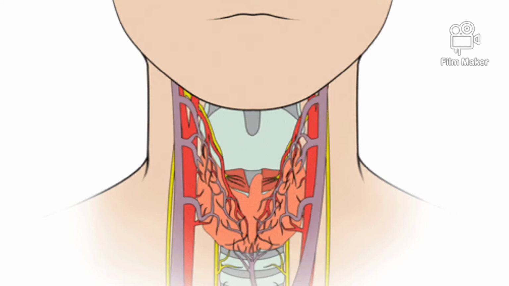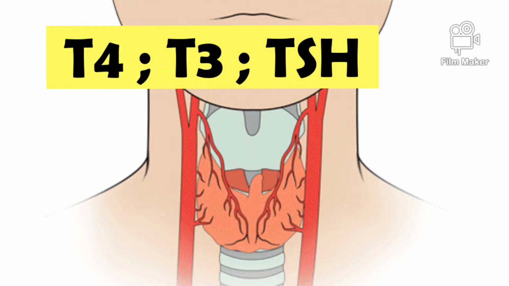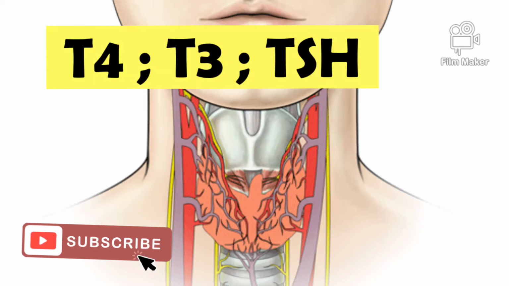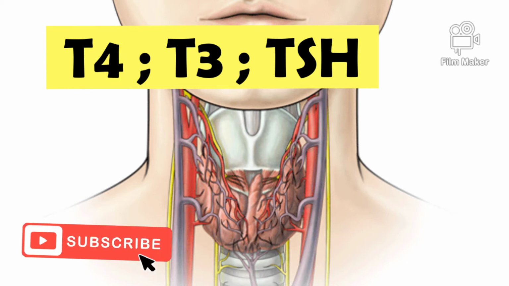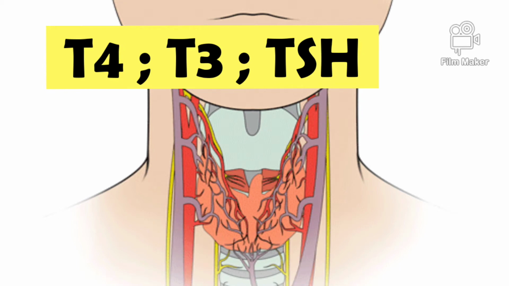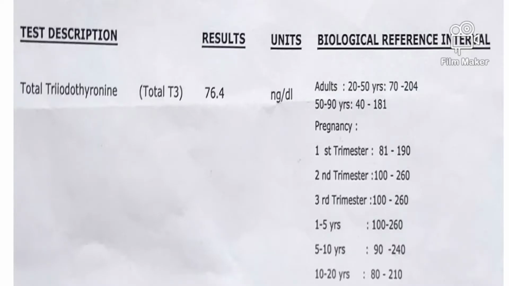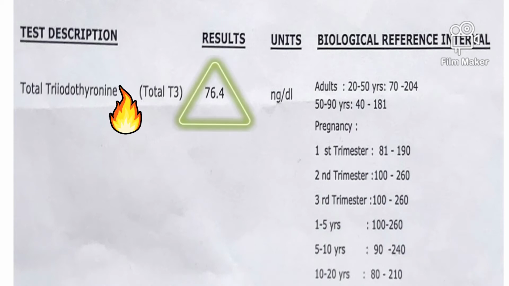Any test report we get from the lab, we basically see three main keywords: T3 triiodothyronine, T4 tetraiodothyronine, and TSH thyroid stimulating hormone. On the screen you can see that here the T3 levels are 76.4 nanograms per deciliter.